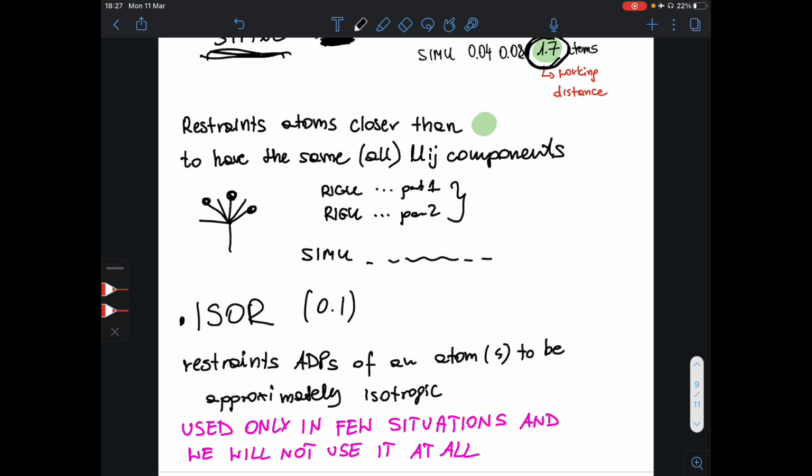Because it's not a very physically correct assumption, firstly, the strength of the restraint is quite small. It's quite a weak restraint, and we should really use ISOR only in very few instances, and we're probably not going to use it in this course at all. There are only a few situations when the use of ISOR is, let's say, allowed.